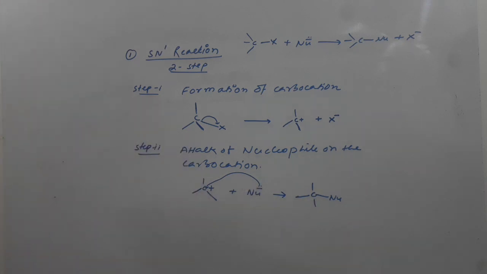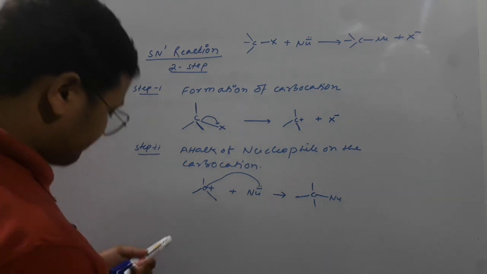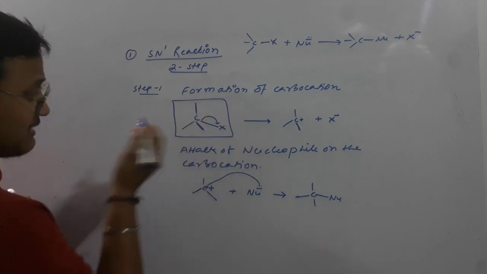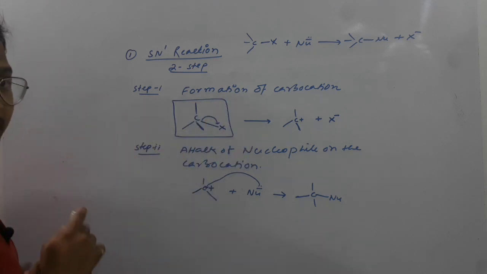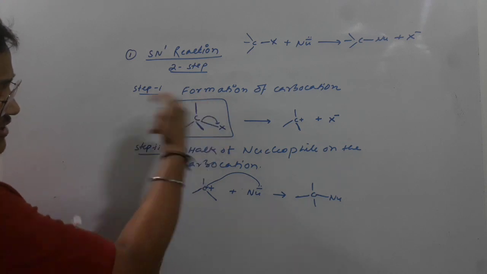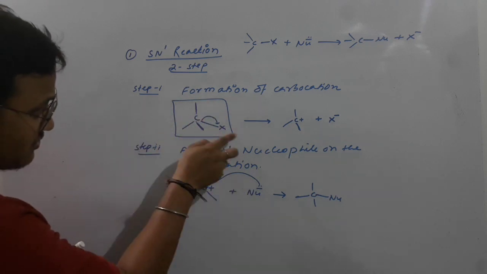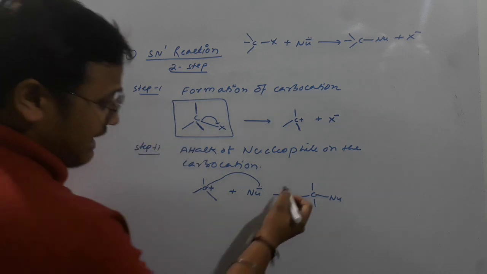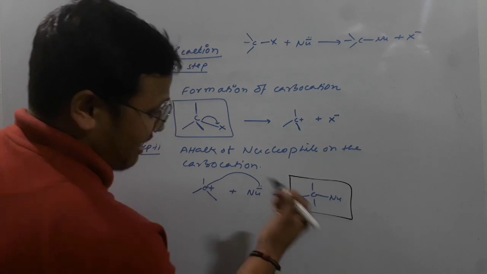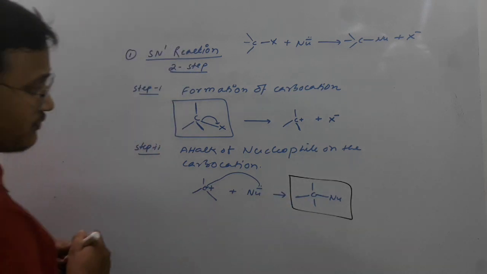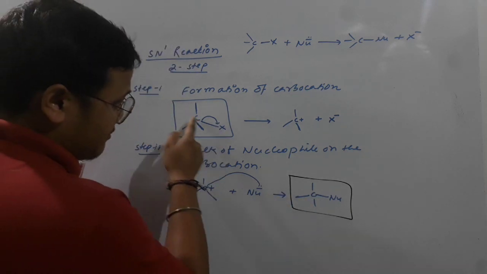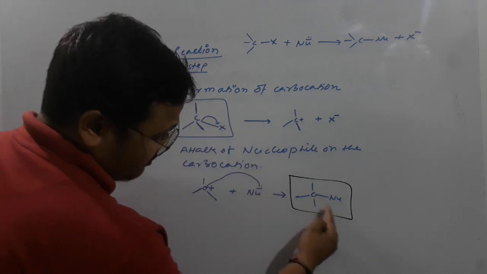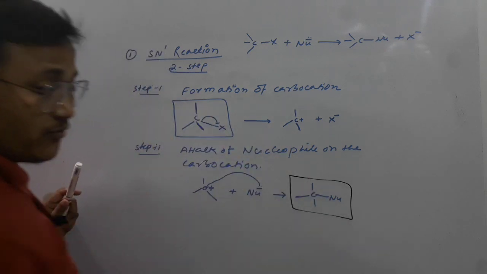Now, there are some things we have to know. Look, this is our main reactant compound, right? So look at the structure of the reactant, I mean look at the position of this halogen when it is in the form of reactant, and now in the product, look at the structure. If you look at the orientation of the bond, carbon halogen and carbon nucleophile, they are oriented in the same way, right?